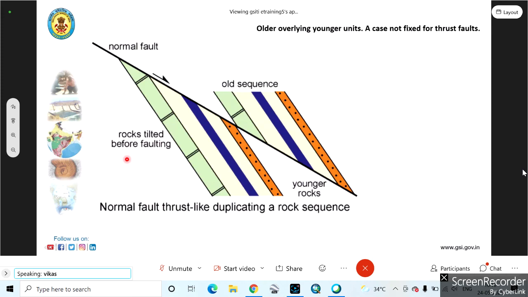So we should be very careful in defining these structures, and we should not have a preconceived idea that in a thrust the older will always come over the younger, or that the younger will always go down along the older one in normal faults. We should not have any preconceived idea. Our mind should always be open. Next, please.